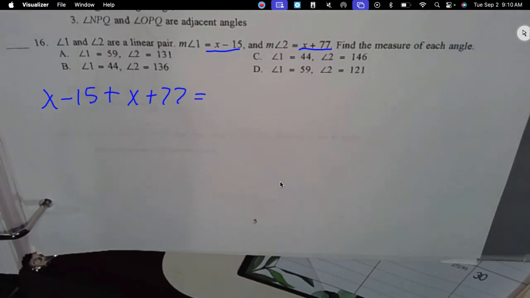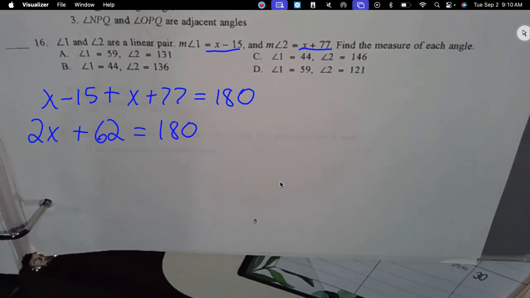And it equals 180. So what do we do? We do x plus x. What is 1x plus another x? 2x. What is negative 15 plus 77? A positive 62. And it equals 180.